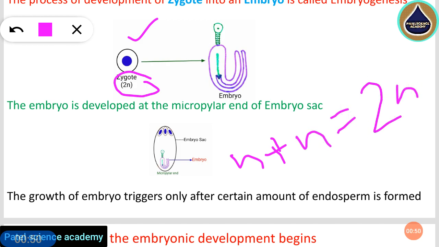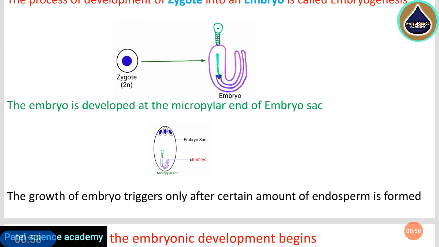This 2n zygote is formed here in the gynoecium, and it goes through some changes, likewise and likewise, and in the further developmental stage it is called an embryo. I'll explain all these embryo structures in detail. You just stay here till the end of this video.